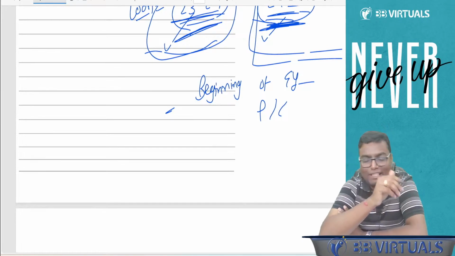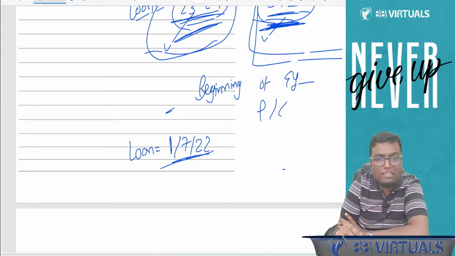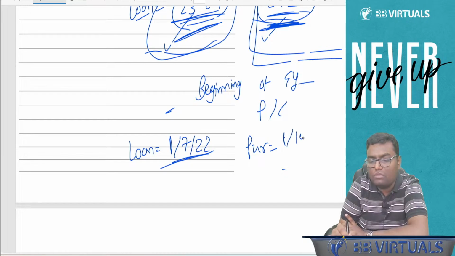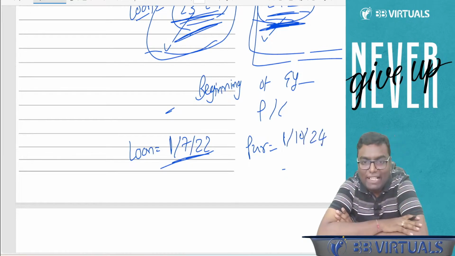Let me give you one more example. I have taken a loan from 1st July 2022 to purchase a house property, and finally the house property is purchased on 1st October 2024. Tell me from which date I will get deduction of interest.